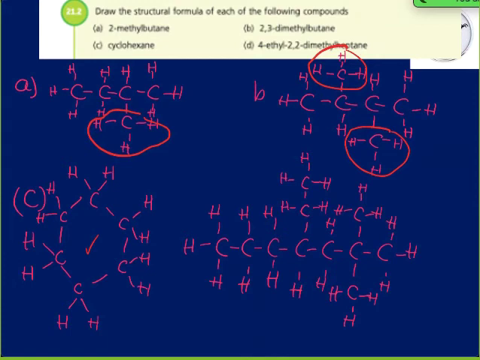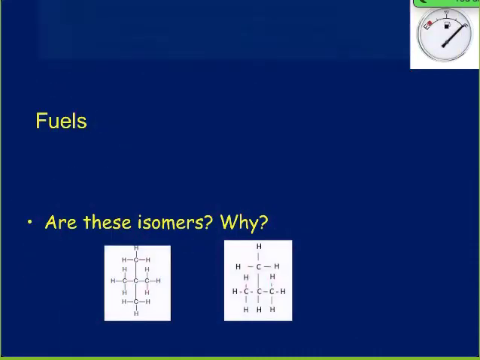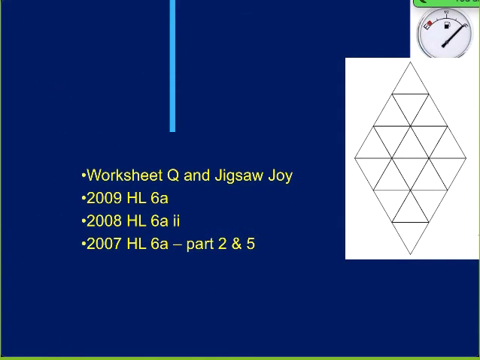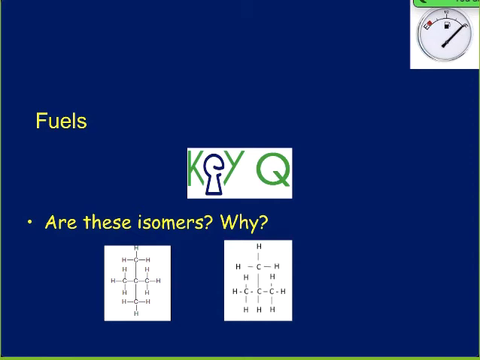So 7 carbons in your main chain, off carbon 2 a methyl group on either side, and off carbon 4, an ethyl group. Okay, so just looking now at these guys here, are these actually isomers of each other?